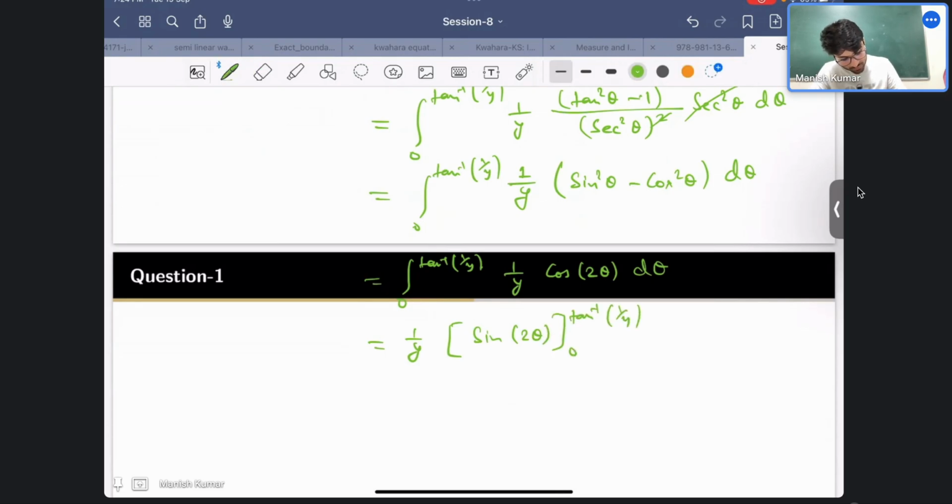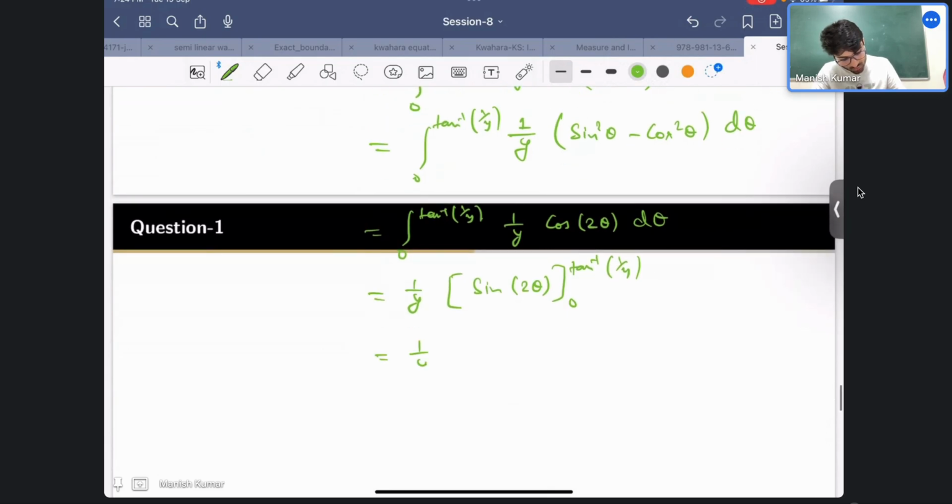Now somehow I'll have to convert sine into tan theta, right? So first let's break this sine 2 theta.